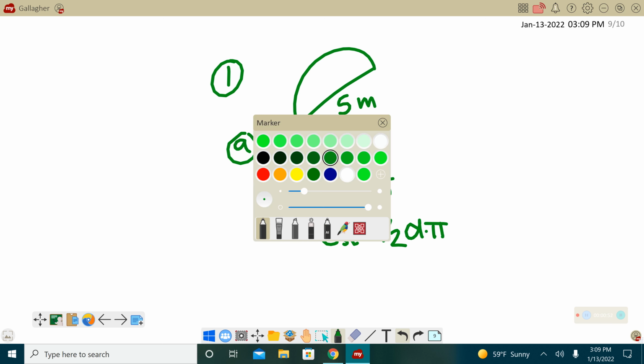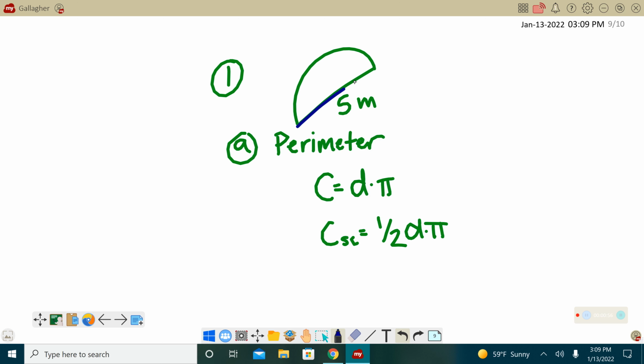But we also need this diameter here, because the circumference only tells us this outside part, and then we need the diameter also, so that way we can find the whole perimeter.